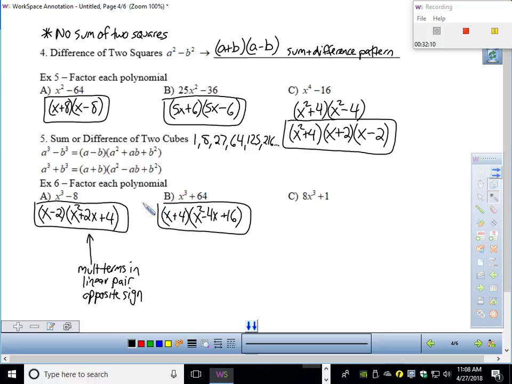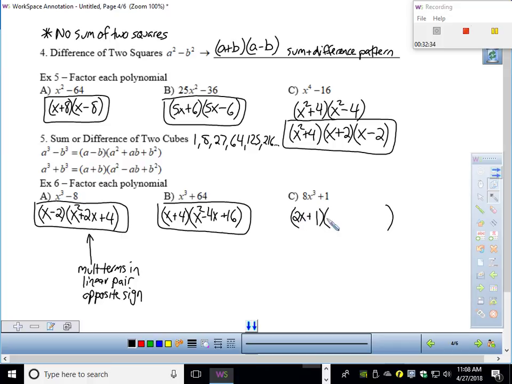Be great if you can do the last one all by your lonesome. Let's see what we've got. Okay, small linear, large quadratic. Cube root of 8x cubed is 2x. Cube root of 1 is 1. Okay, that's a plus in there. Linear version of that. Now, walk yourself through the quadratic. The first, then this, then the middle.